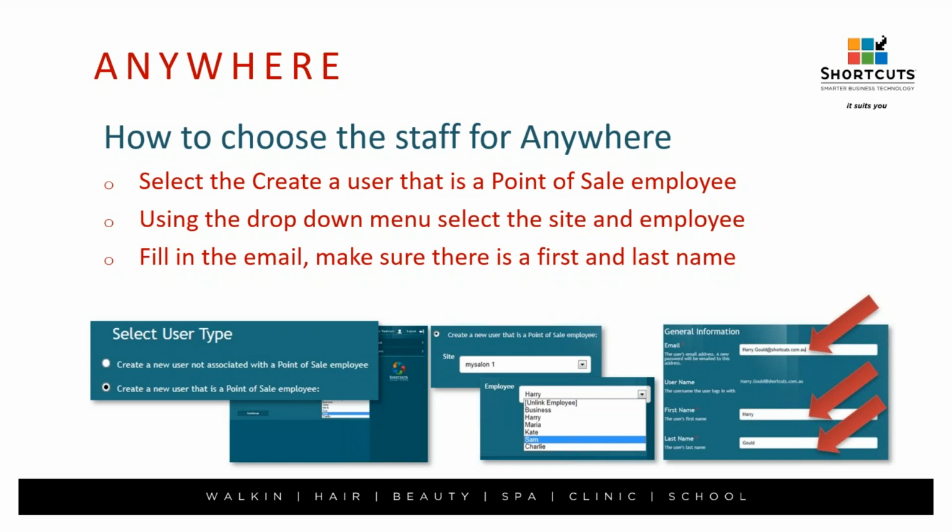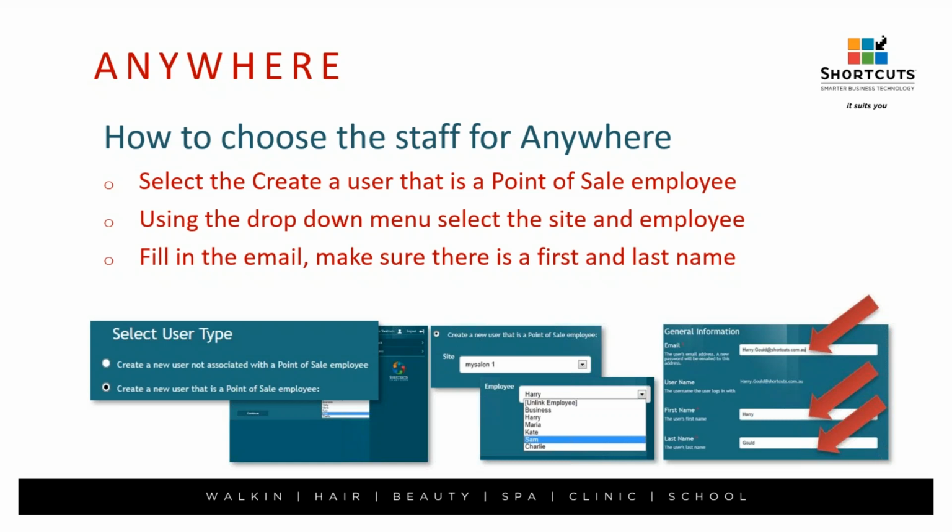If you have a business partner, and perhaps this business partner should have access to the online console, and they don't necessarily cut hair or perform any services in your location, but they should still have access, that's when you want to choose the first option. So you'll be able to use their email, put in some contact information, and give them access to Anywhere. But for the majority of customers that are using this, you actually always choose the second option.